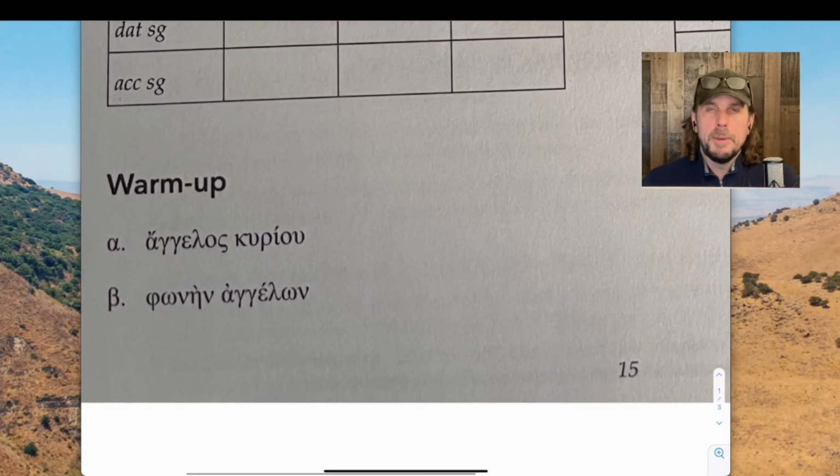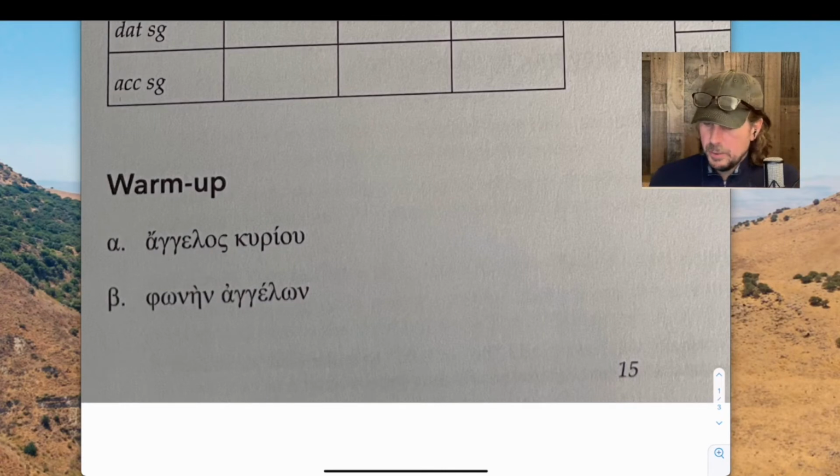Remember, the warm-ups sometimes are complete sentences, but often are just short phrases. So here we have angelos kuriou. Angelos. Well, if we remember, omicron sigma, it's a second declension, right? It's masculine.